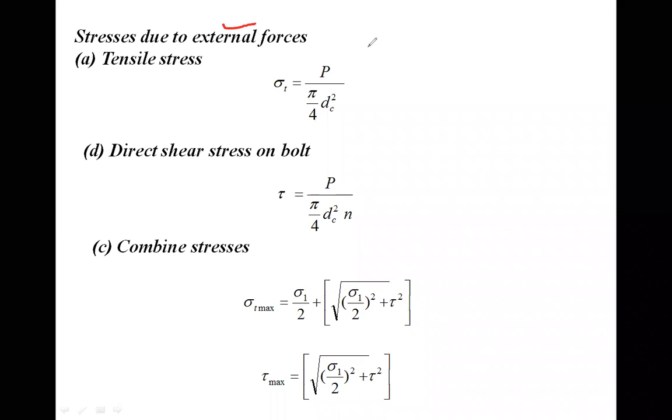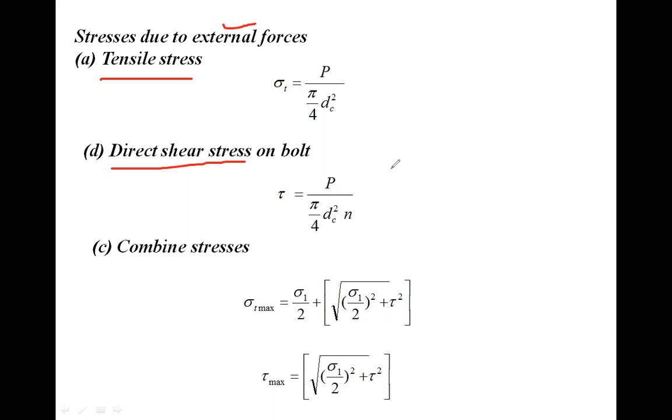So because of external force, what are the stresses? There is a tensile stress, which we can find by using our simple formula, force divided by area. There is a direct shear stress on the bolt. If there is a force perpendicular to the axis of the bolt, then there is a direct shear stress on the bolt because of external force, just like in our coupling, where the bolts are subjected to direct shear stress.